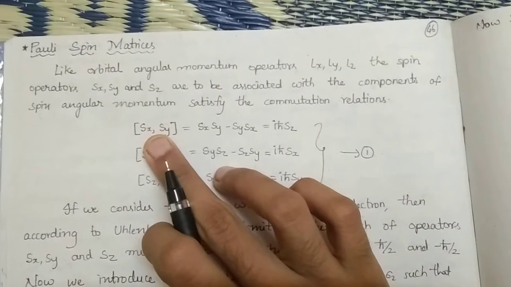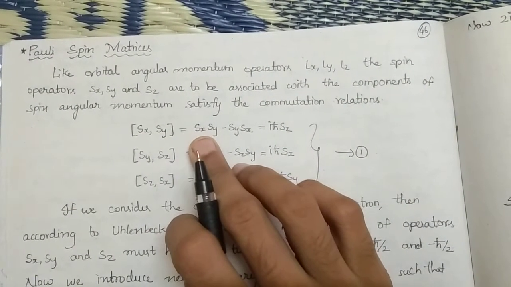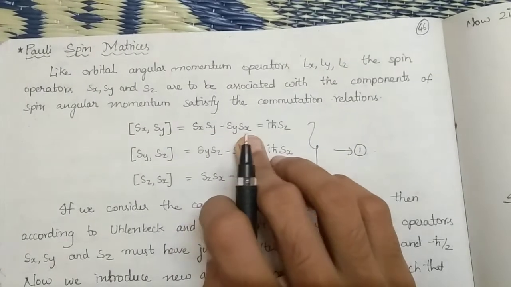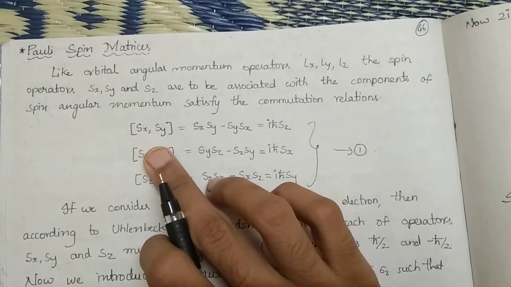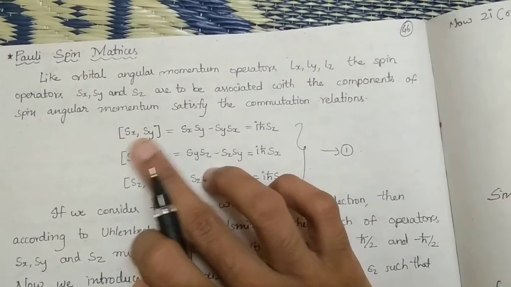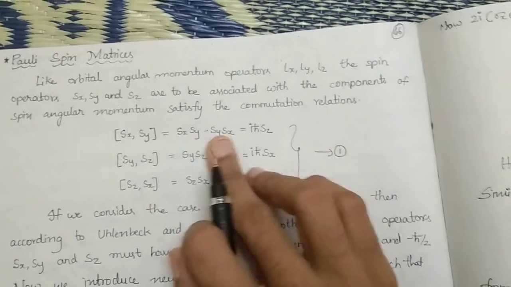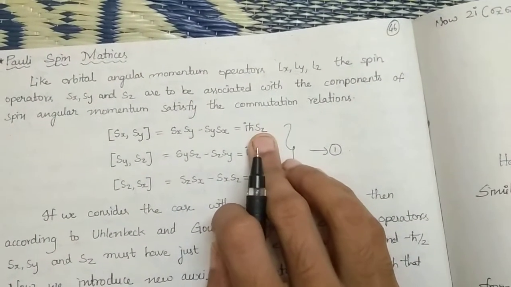The commutation of Sx, Sy is Sx Sy minus Sy Sx, since the commutation formula is AB minus BA. Here in the place of A we have Sx, in the place of B we have Sy. So finally we get i h cut Sz.